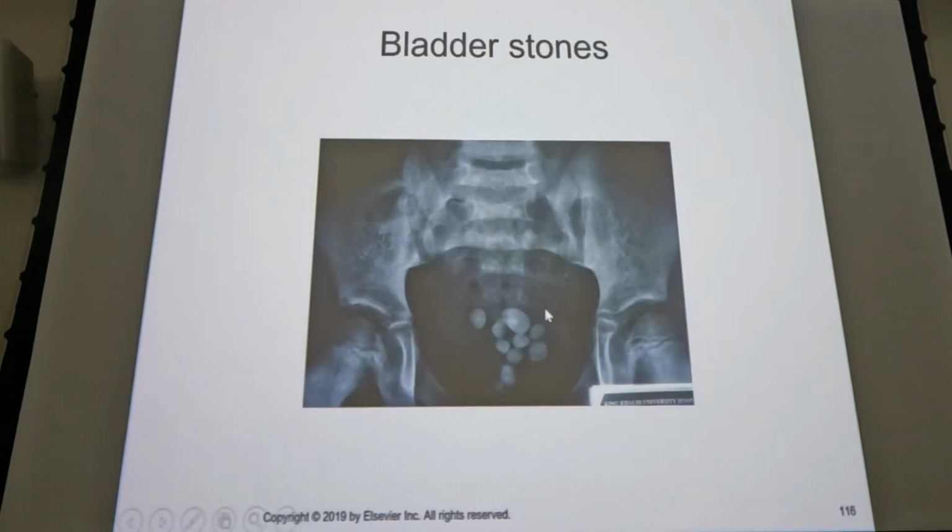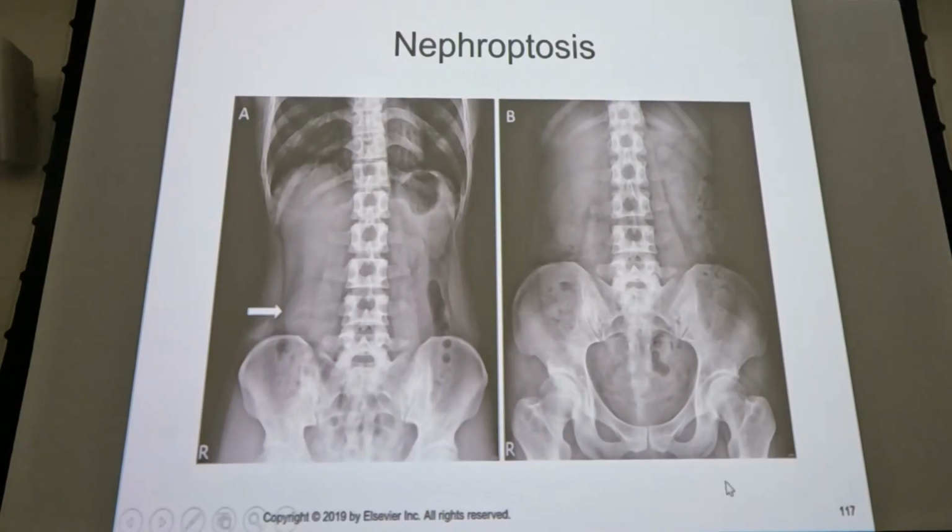Bladder stones. I was hoping that I could see, you've got calcified, you may have seen these, but you've got calcified veins, or not veins, calcified ligaments down in your pelvis that appear as perfectly round artifacts.